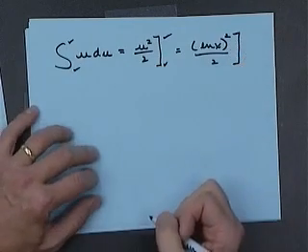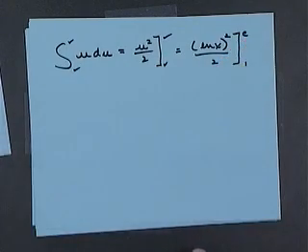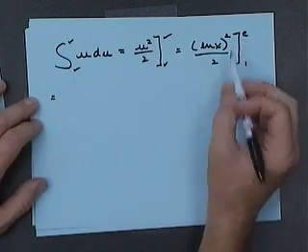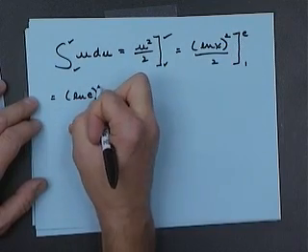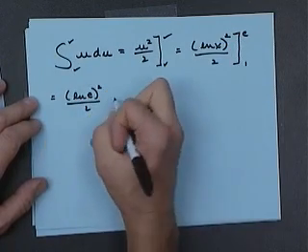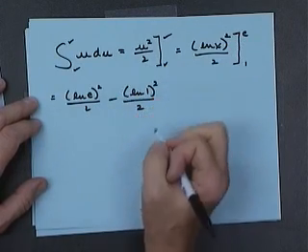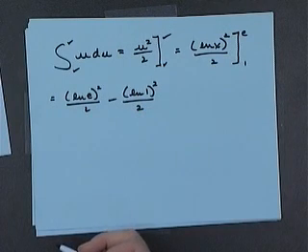Now that it's back in terms of x, you can reinstitute these and basically plug in the numbers. Natural log of e squared over 2 minus natural log of 1 squared over 2. Do you see anything that is numerically different from what we had in the previous version?